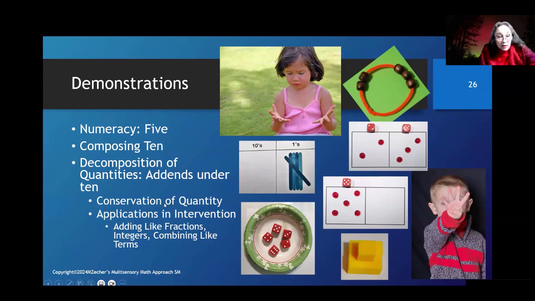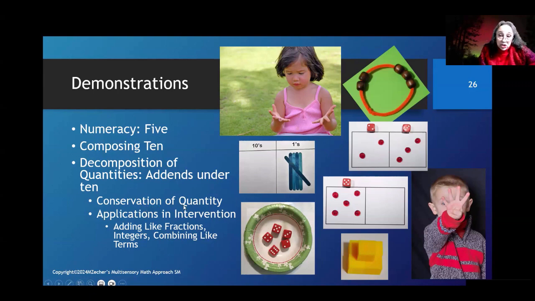So we want to think about that quality, conservation of quantity, that the quantity is the same even though the configuration may change. This idea of 5 flat marbles turned into 2 marbles plus 3 marbles, but it's still a total of 5, is the idea of conservation of quantity.